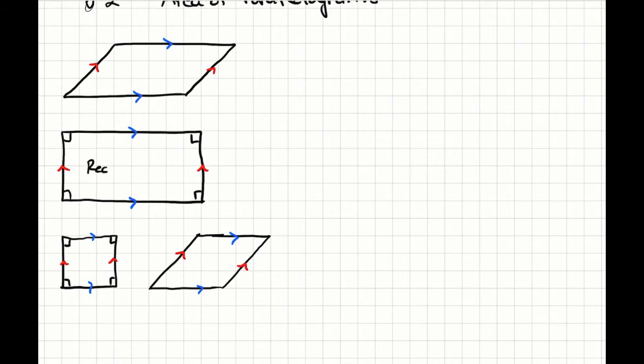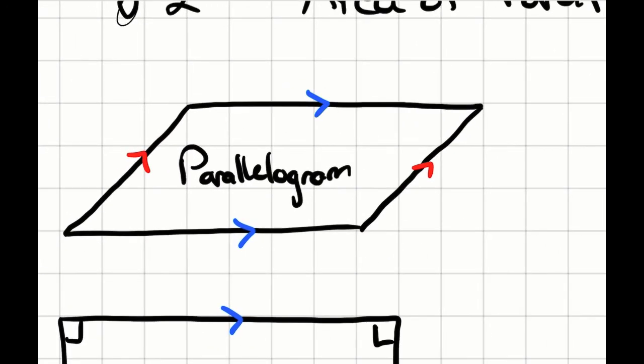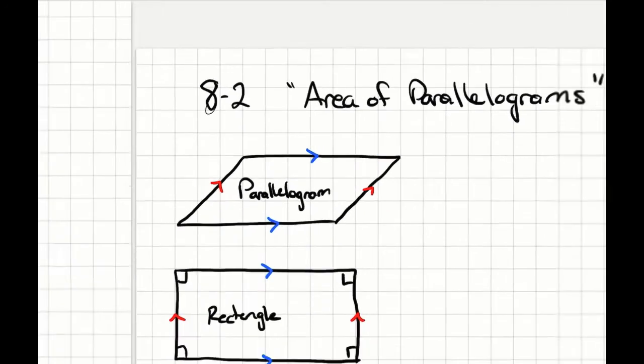The special parallelogram known as a rectangle, or the special parallelogram known as a square, or the special parallelogram known as a rhombus, or the just generic parallelogram, like this one right here. This is the one that we're going to be focusing on today.